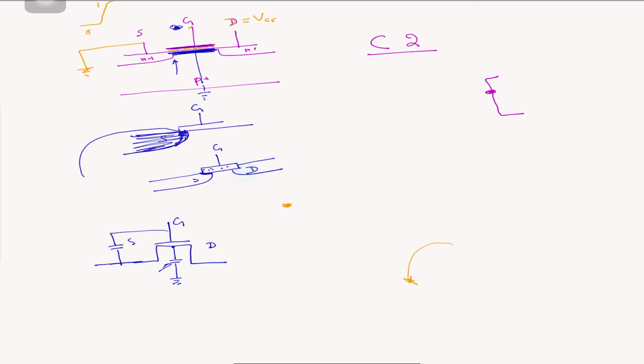This is a drain, so we also have this overlap, so there's also capacitance between gate and drain. Now when the current starts flowing over here, we see the capacitance changing.